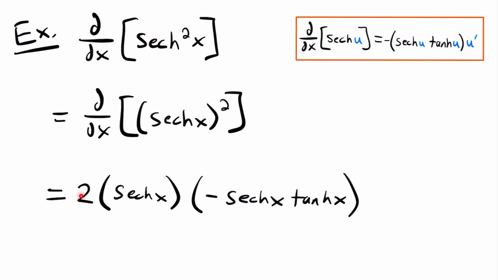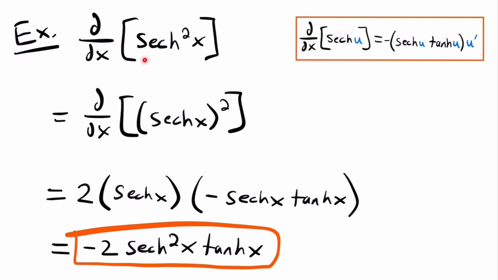And so if we multiply everything together here, notice that we have 2 hyperbolic secant functions, and so those will multiply together and become hyperbolic secant squared. And so our final answer is that this is equal to negative 2, right? I'm just bringing that negative out front and multiplying it by the 2. So we have negative 2 times hyperbolic secant squared x times hyperbolic tangent x. And that will be the derivative of this function.